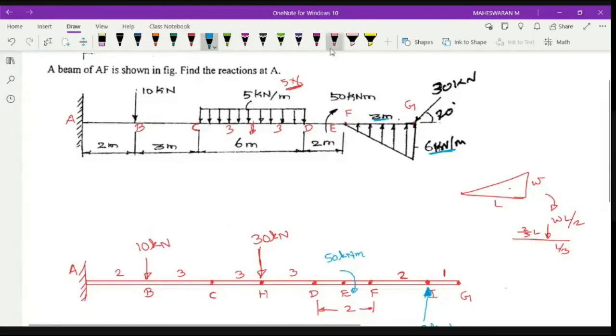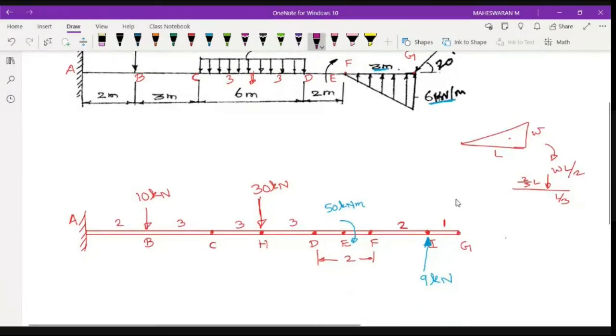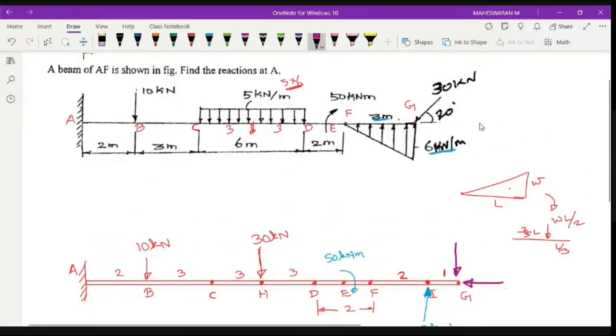Last, I have an inclined force. Let me resolve this. When I resolve it, I'll get 2. One is like this. Other one's like this. Okay. So when I resolve this, what happened? One will be on negative x-axis. Other will be negative y-axis.